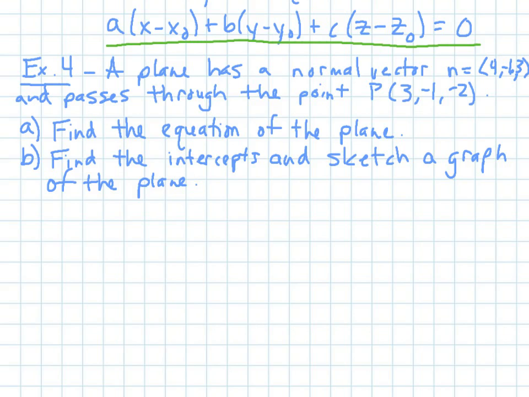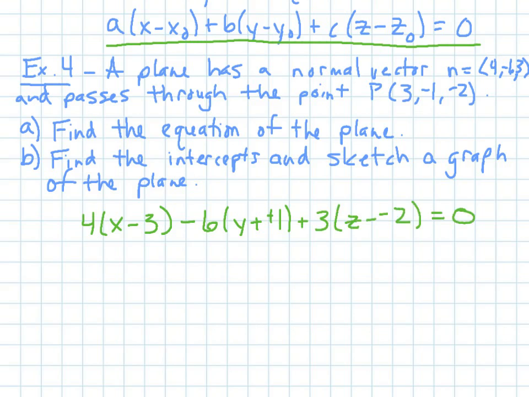So to my formula, a is 4 times x minus what my x sub o is, so 3 in this case, plus b, which is negative 6, times y minus a negative 1, so I could say plus, and then plus 3 times z minus a negative 2 equals 0.